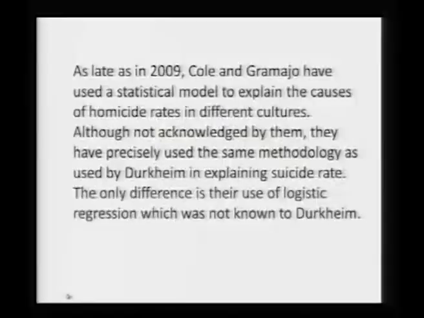Now, in 2009, Cole and Gramajo conducted a study of homicide rates, and they wanted to explain what actually causes homicide. Is it whether promoting education will increase homicide rate or reduce homicide rate, whether status of women will promote homicide rate or reduce homicide rate.